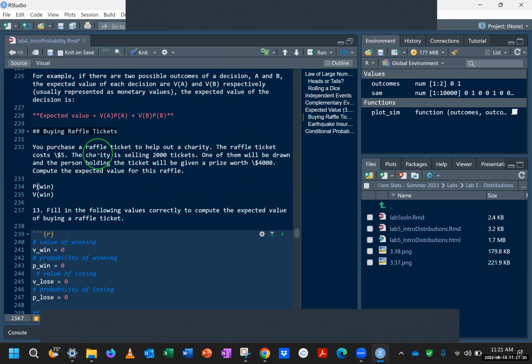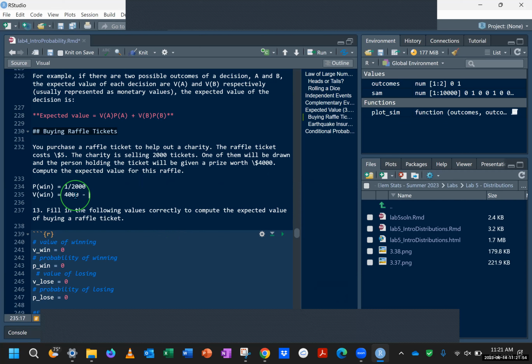This is a raffle. You purchase tickets for $5. 1 out of 2,000 tickets will win, and whoever wins gets $4,000. So the probability of winning is 1 out of 2,000. The value of winning will be 4,000 if I win.